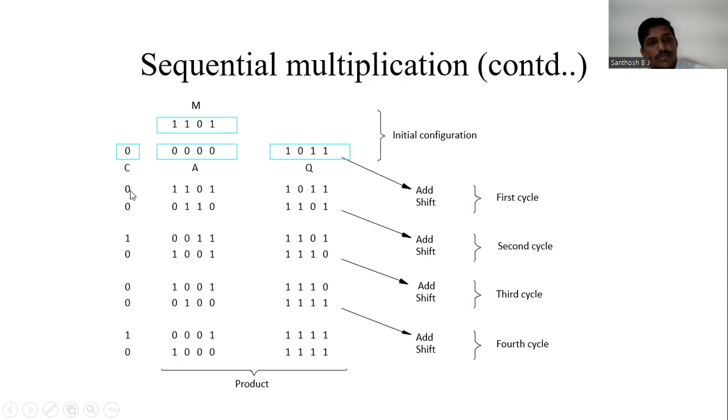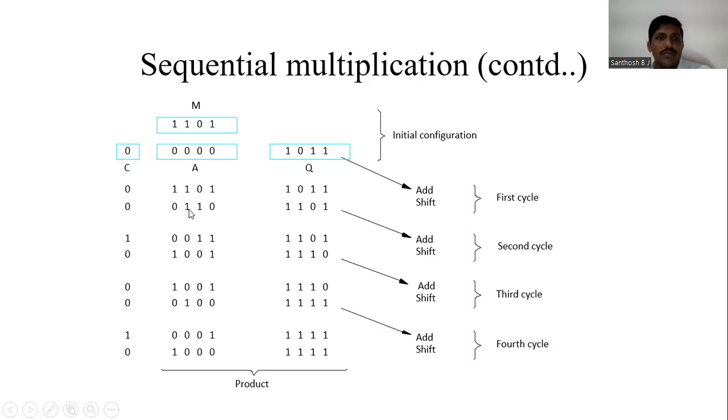Next, after the addition process, you shift to the right position. So what is shift right? The most significant bit is 0, it is the carry, and that 0 will be stored here. Shift right. Next, the 1 will be stored here.